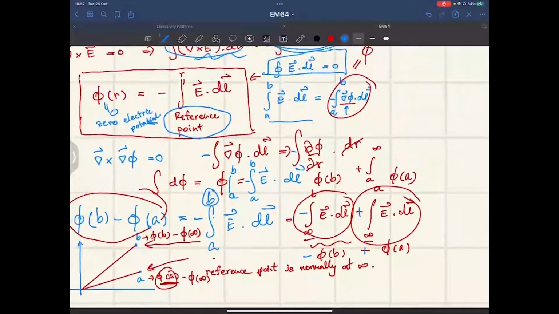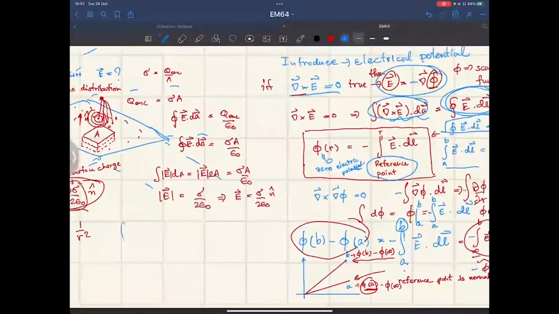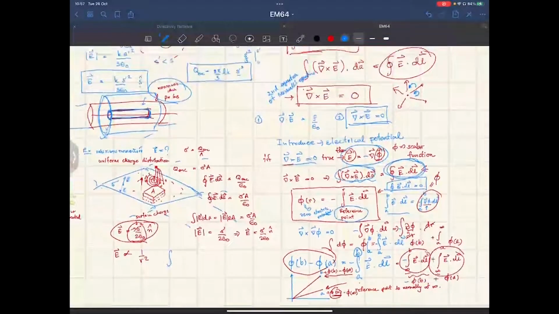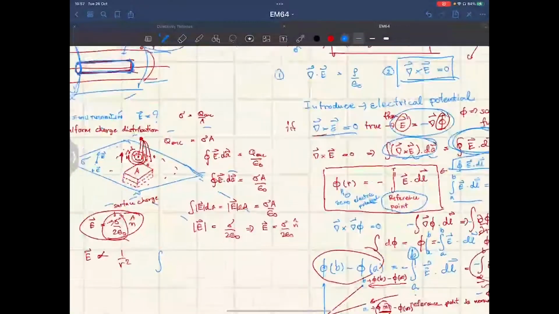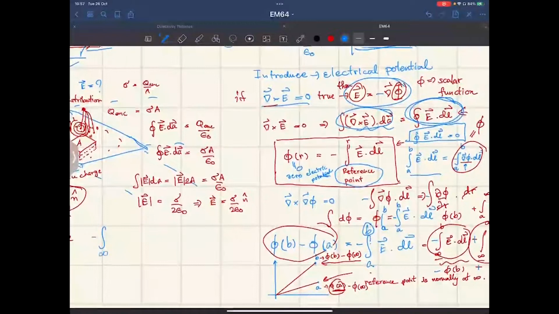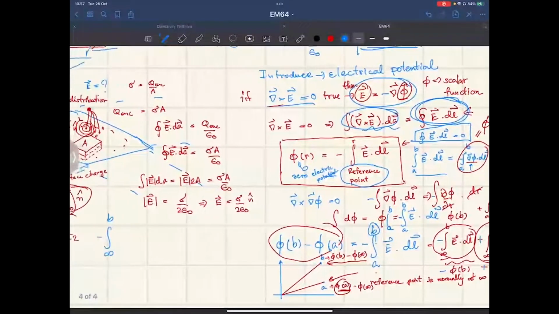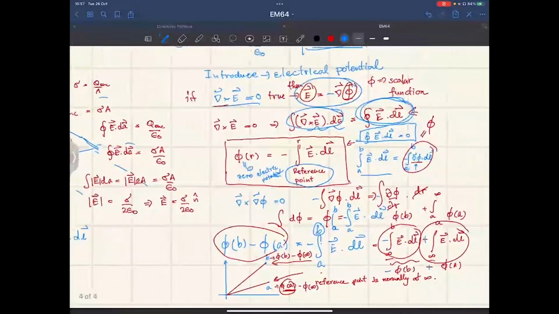Okay, from here, let me write it up here. It's a little bit too dense there. Minus infinity to B, E dot dl, and you have plus.